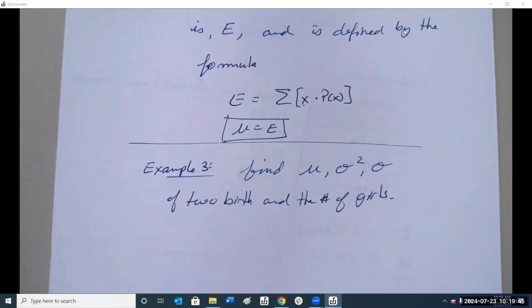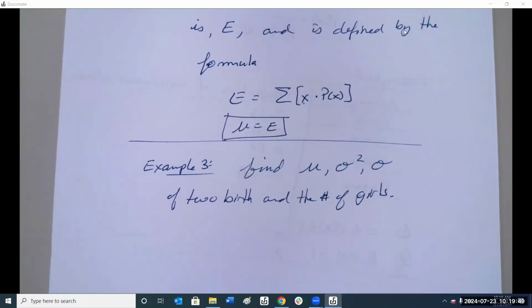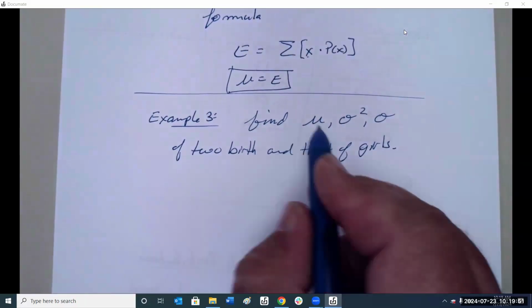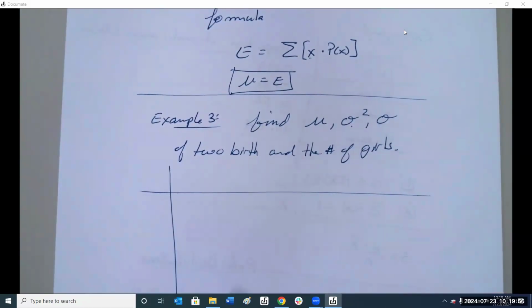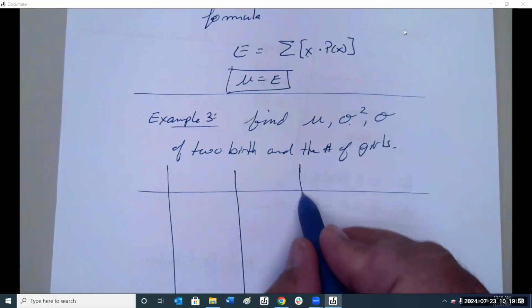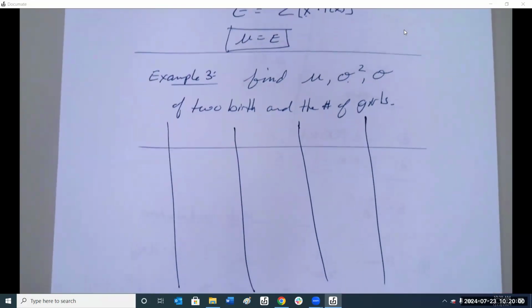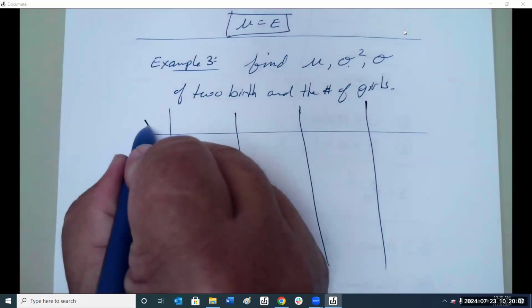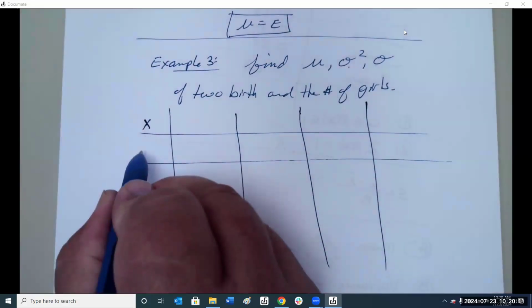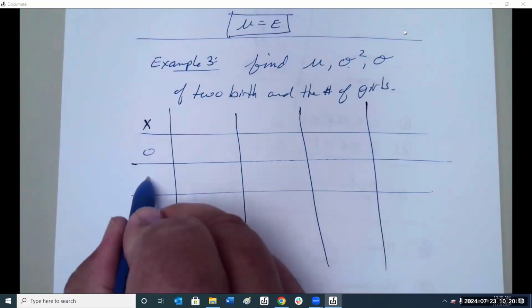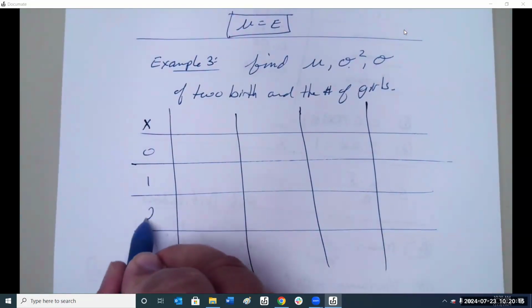So what do we have to do first with this? To find the mean, variance, and deviation, it's much easier if we use tables. In the first column, we'll have our possible outcomes. Remember, we have only 2 births, we're looking at number of girls. And those possibilities are 0, 1, and 2.